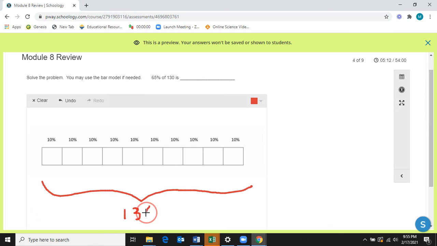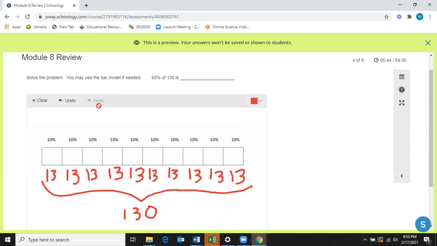And if the whole thing's 130, that means each one's worth 13. And the last one's 30.